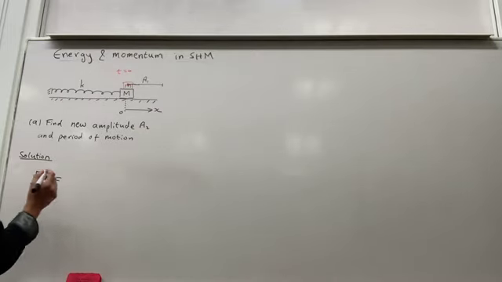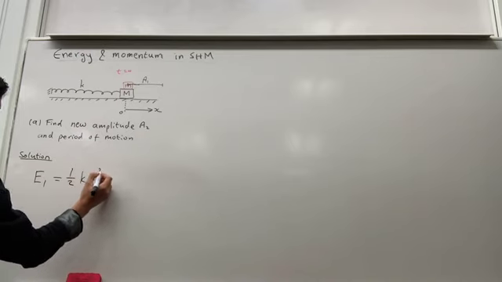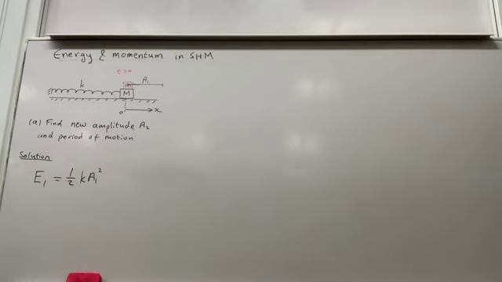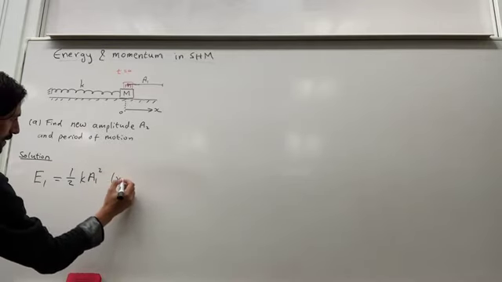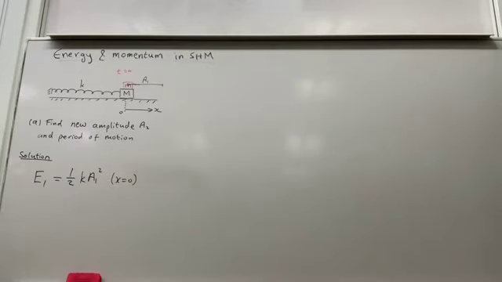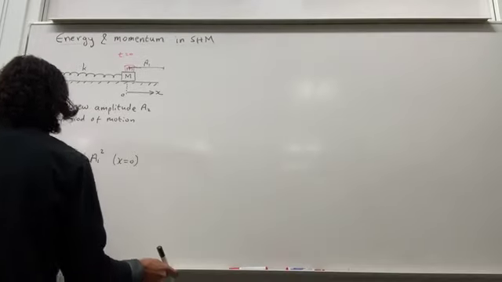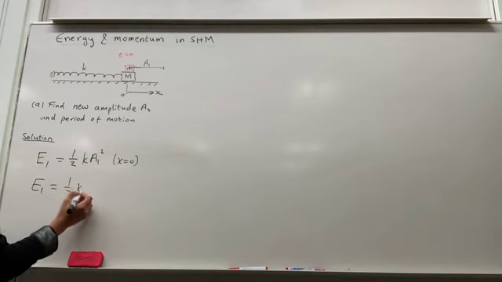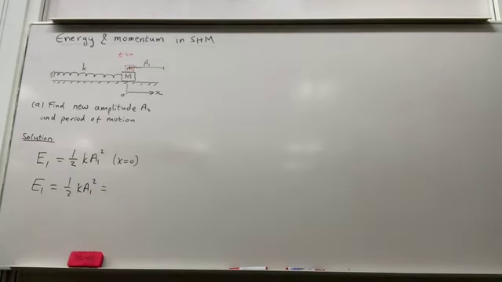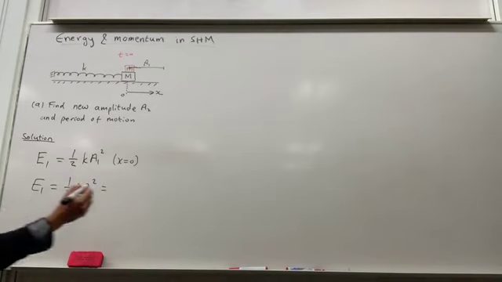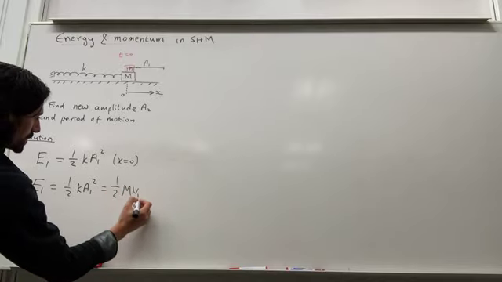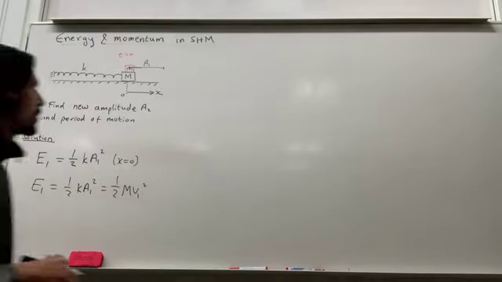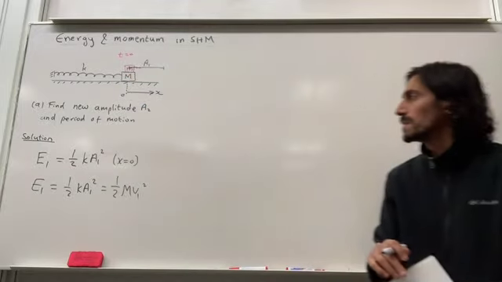So the energy at the beginning at t equals 0 has to be half k A1 squared. This is at x equals 0. We also know that this energy, half k A1 squared, has to be equal to the kinetic energy of the system at that point.